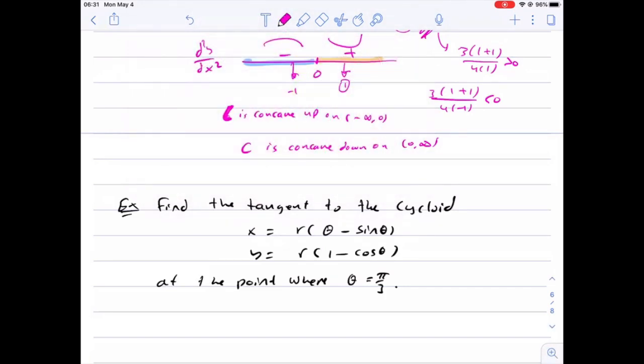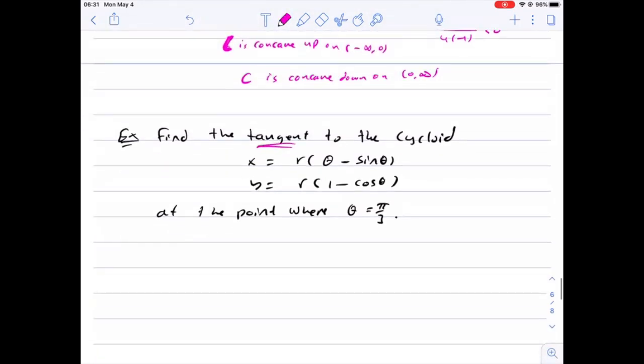Now for this problem, we need to find the slope.